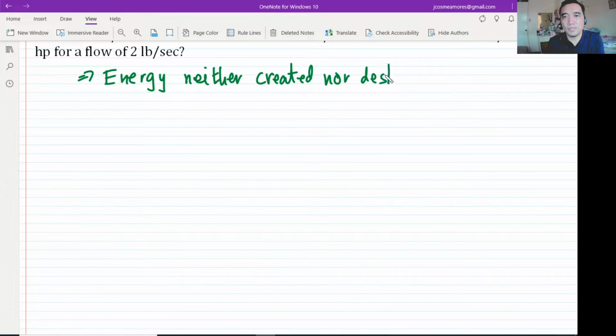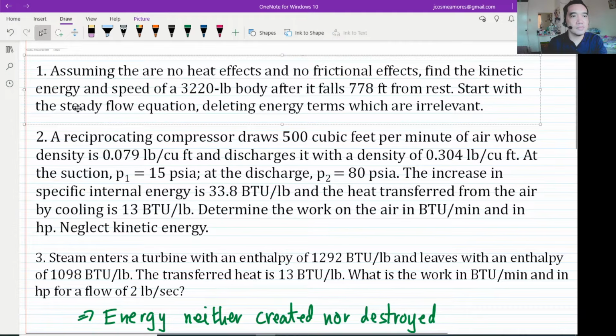It is simply transformed into other forms of energy. Knowing this principle, we come up with an equation: the energy that enters the system is equal to the energy that leaves the system.